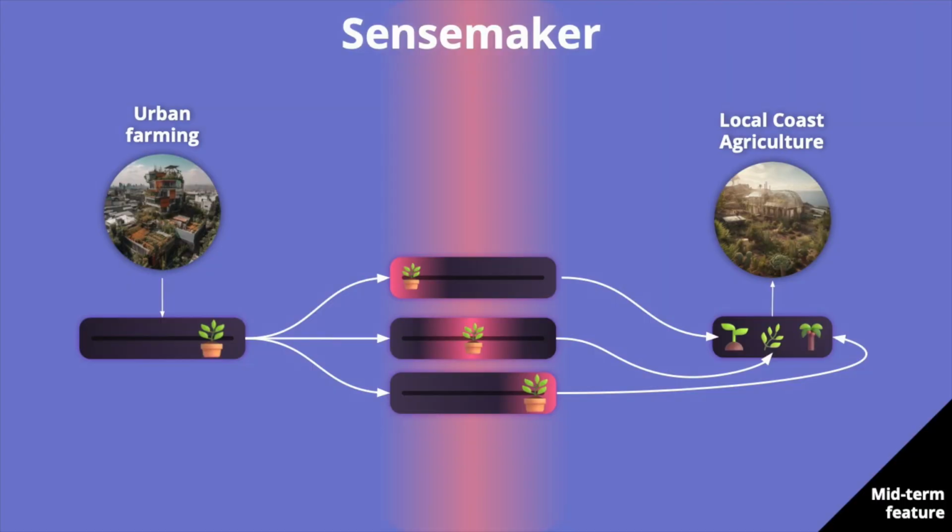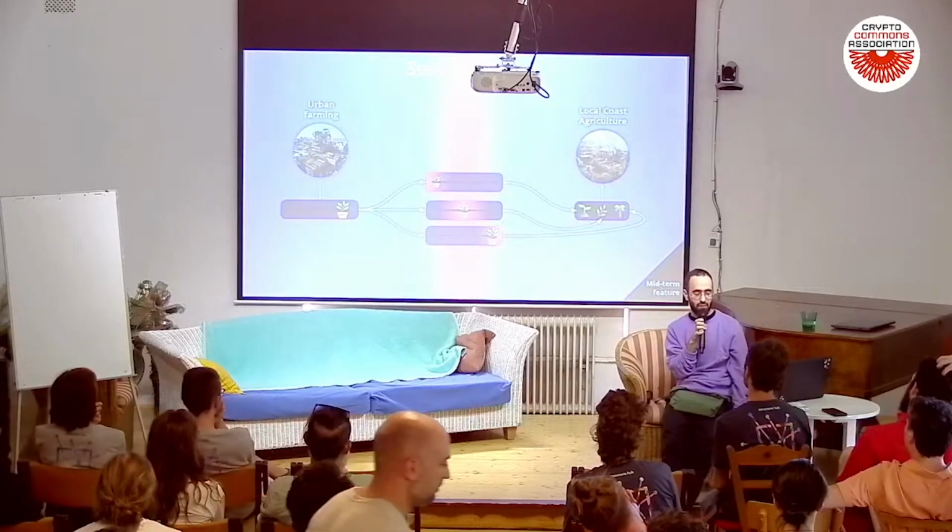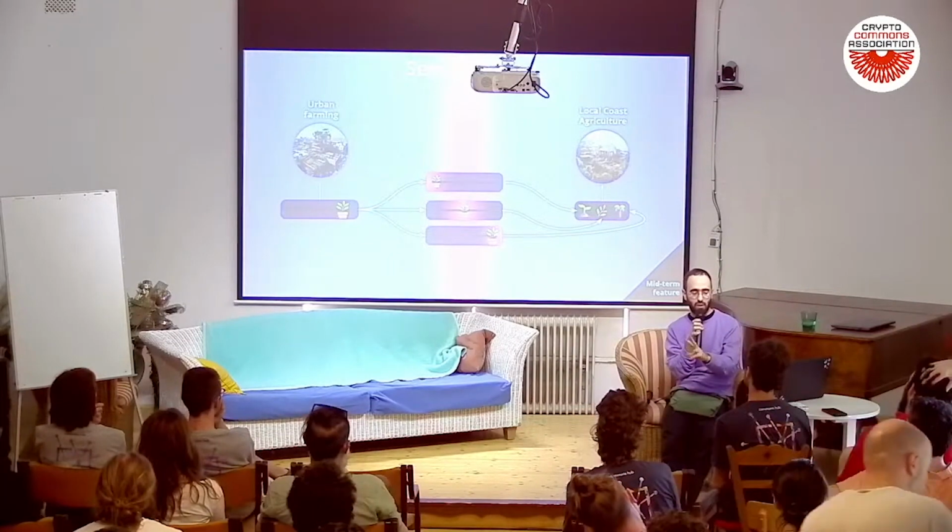So, for example, one very specific thing that you can do with the Sensemaker is to reinterpret the assessment that a community is using. Let's say we have an urban farming community that is using a range to assess the posts, and we want to bring that to a local community-supported agriculture group that uses a 3 emoji reaction system.